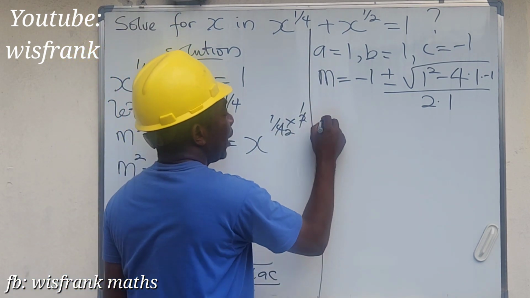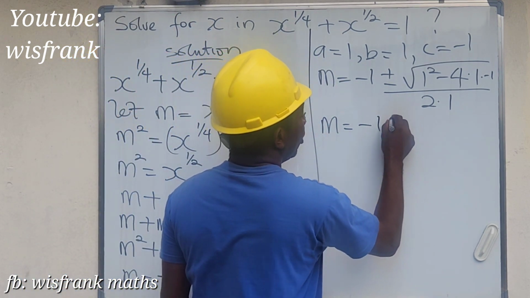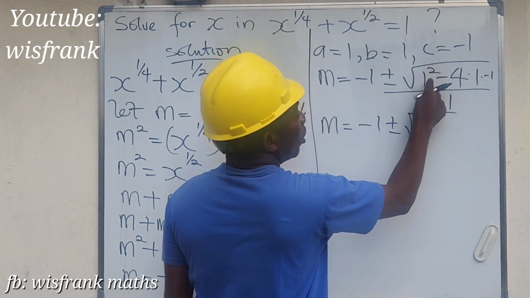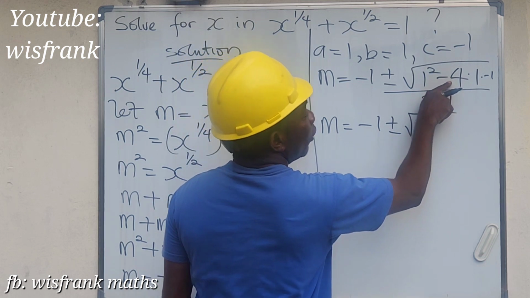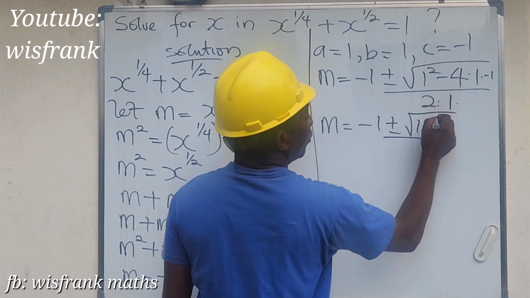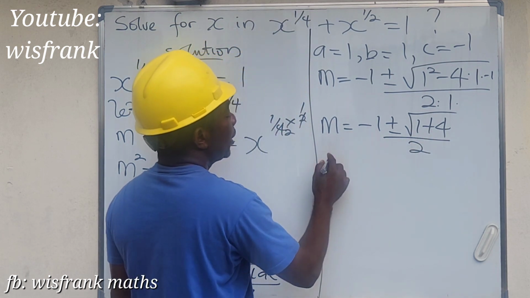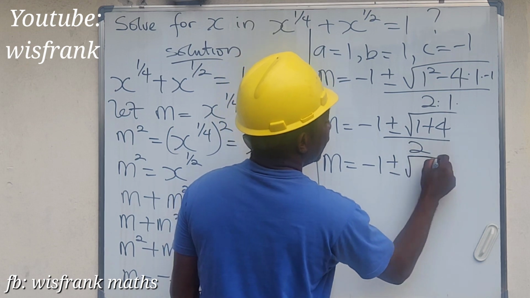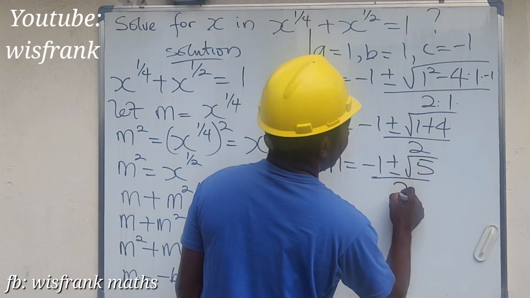So in this case, our m equals minus 1 plus or minus the square root of 1 minus, because 1 squared is 1, minus 4 times minus 1 will become plus 4, all over 2 times 1, which is 2. So our m equals minus 1 plus or minus the square root of 5 all over 2.